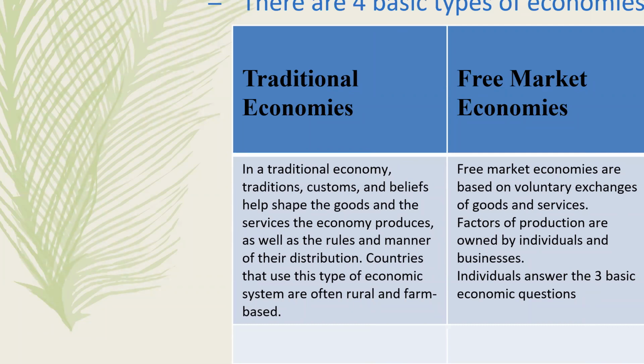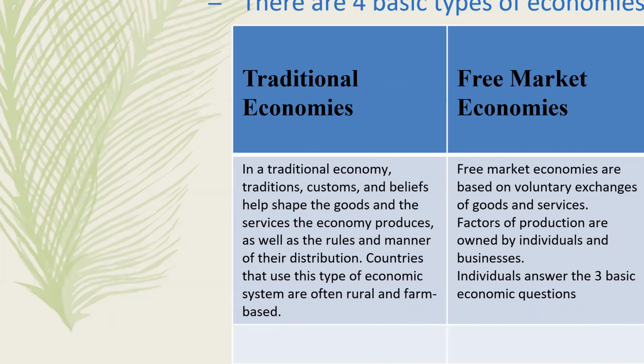So basically, traditional economies were the first type, where people would just put things in place to survive. They're not aiming for any kind of profit. They just want to survive.